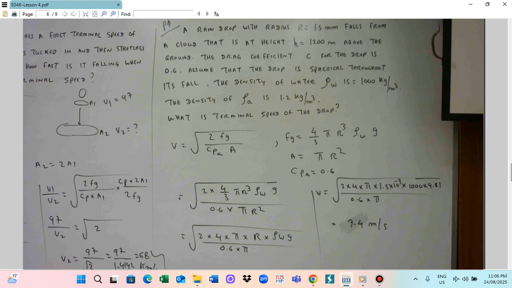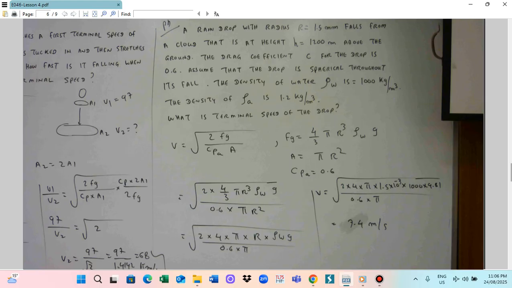So now we can write down the thing. This becomes square root of 2 into 4 into pi. R cubed and R squared, when you divide, you call it only R. Rho W into G divided by 0.6 into pi.